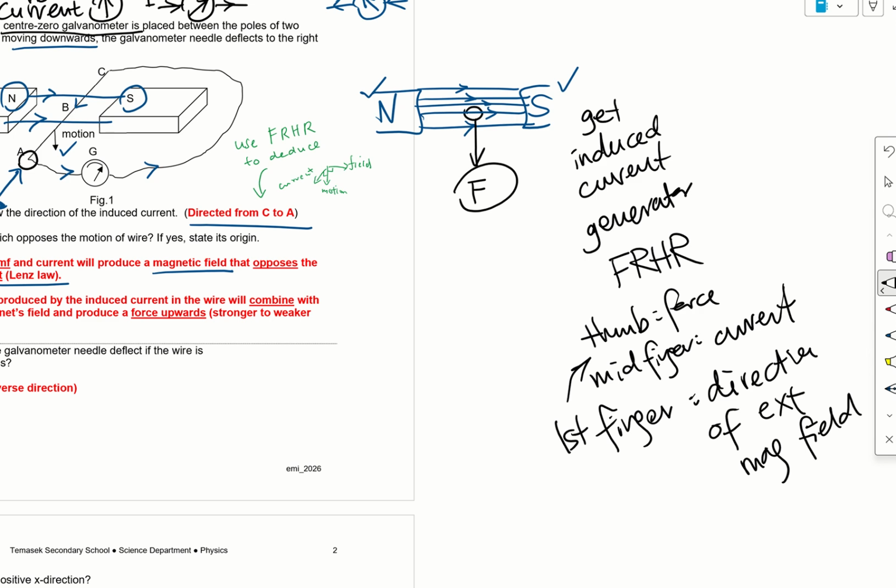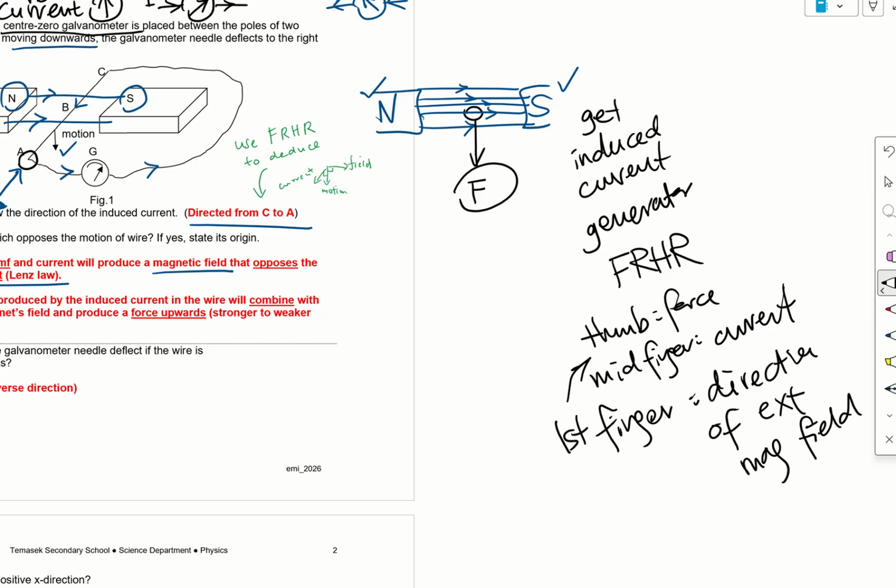The question already tells us the direction of the current if you know how the galvanometer works, but let's practice using our Fleming's right hand. You need to have your thumb pointing downwards to the bottom of the screen, and the external magnetic field, which is your first finger, pointing from left to right.